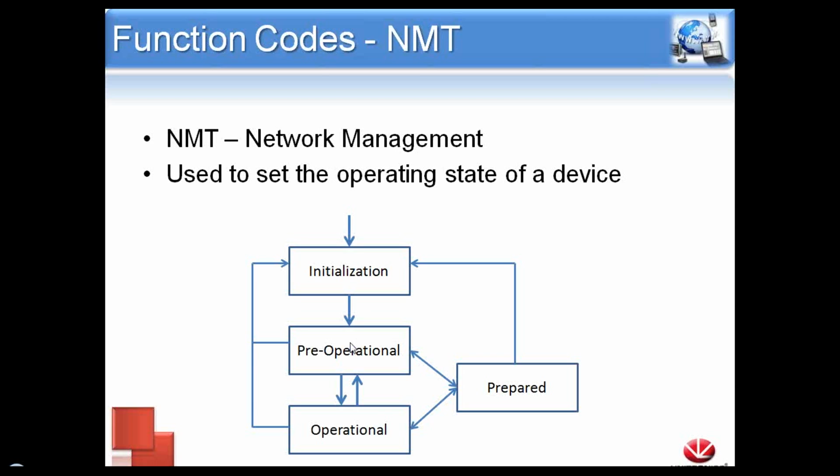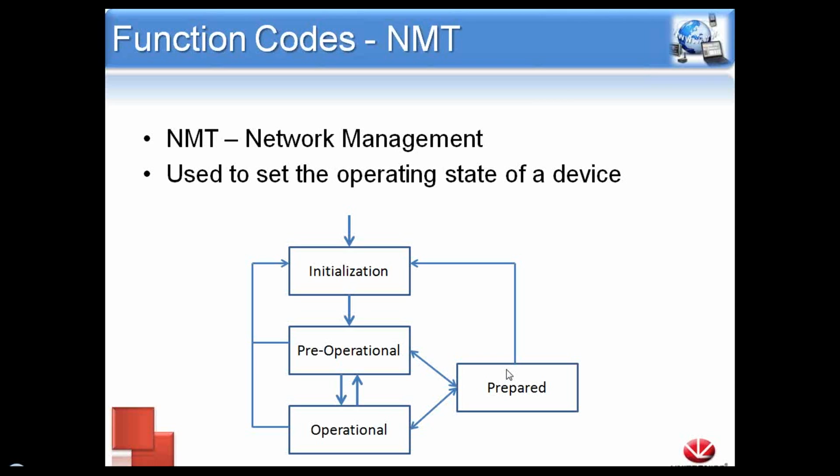Pre-operational mode is when we can program the device with the settings that we want for our system before it actually starts running. After it's in pre-operational mode, I can then turn it into regular operational mode, which is the regular running state of the device. At any moment, I can stop the device, and it goes into what's called prepared mode.